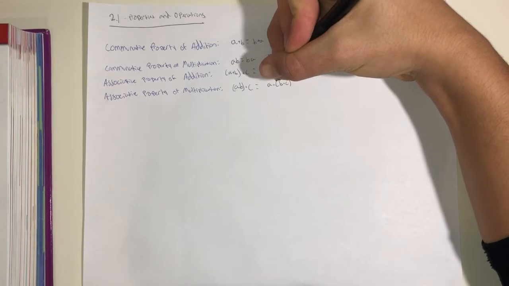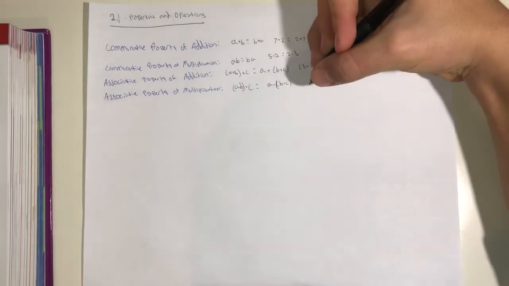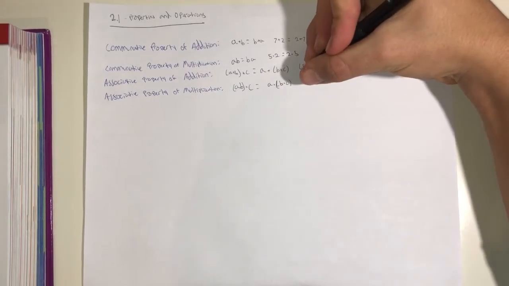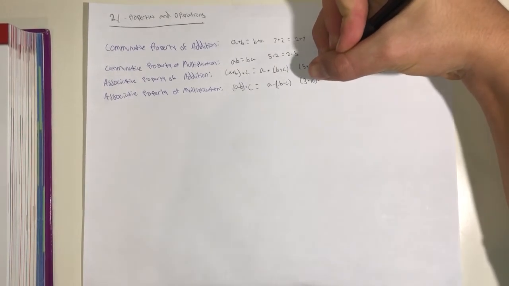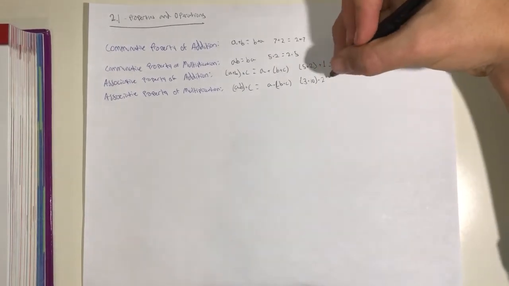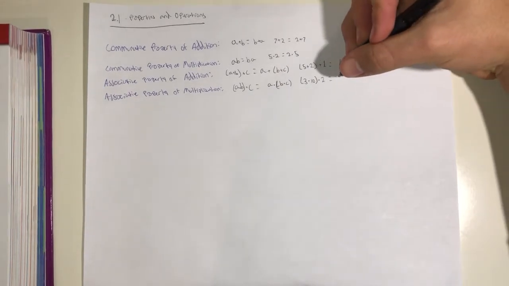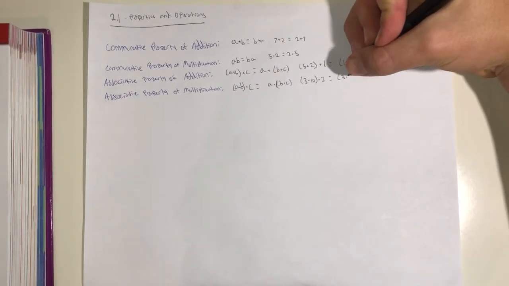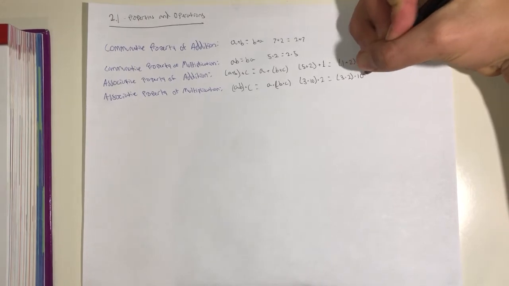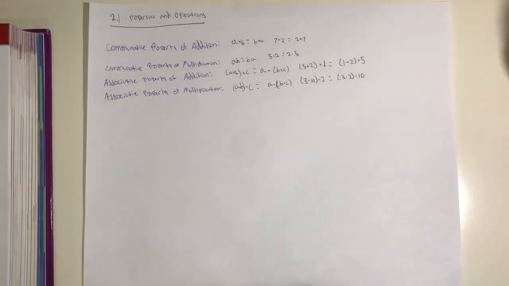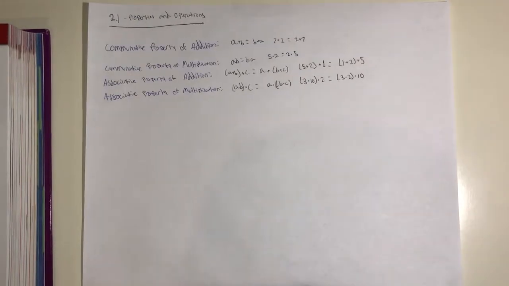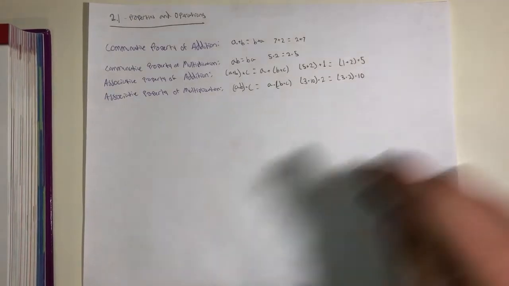So let's say you have 3 times 10, which is 30, times 2. This would be 60. It's the same thing as 3 times 2, which is 6, times 10, 60. These properties are usually talked about a lot in math, so it's important that you know them. This brings us to example number 1.